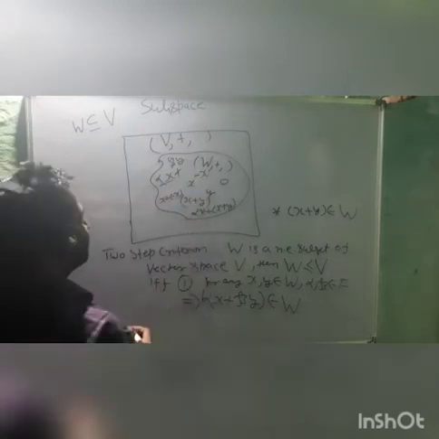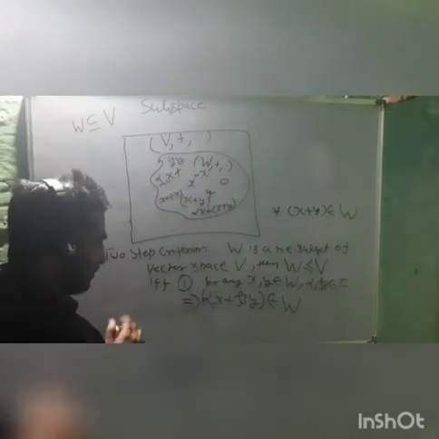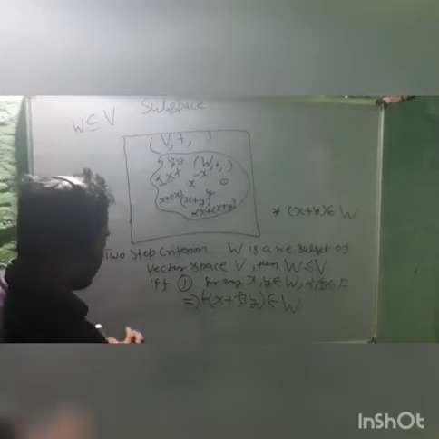So alpha x plus beta y must be in W itself.